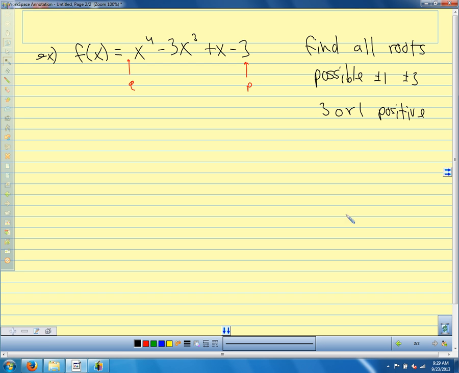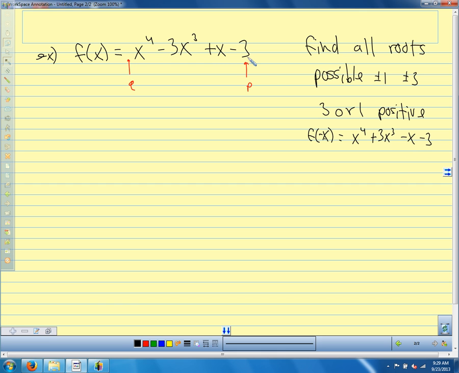f of minus x. And we count the sign changes of f of minus x. So how do we find f of minus x quickly and easily? Change the signs on the odd powers. So f of minus x is x to the 4th, plus 3x to the 3rd, minus x.